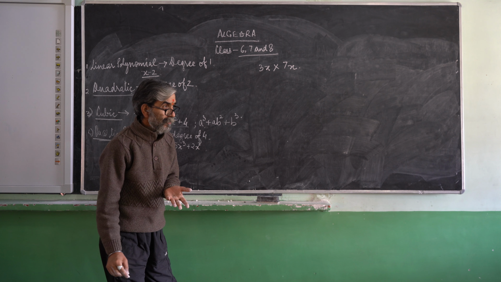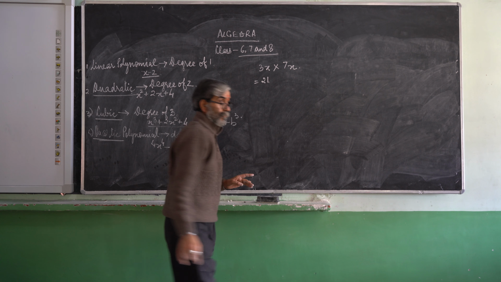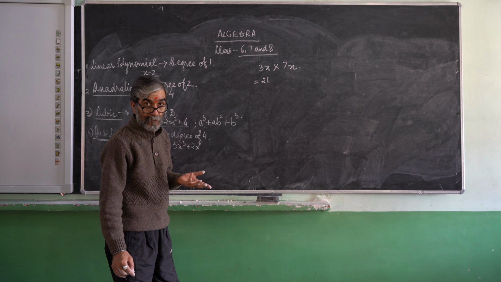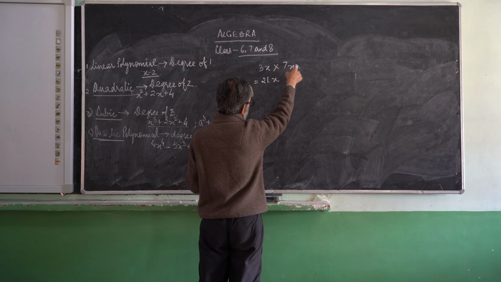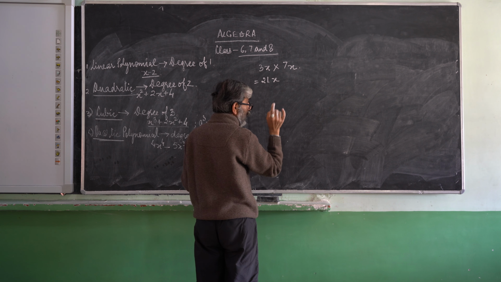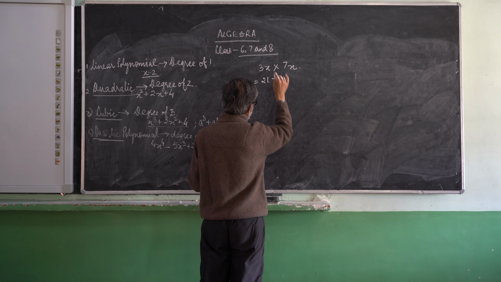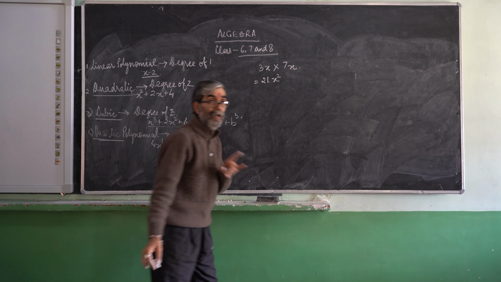Do you know the tables? 3 sevens are 21. And when we are multiplying like terms, this will be x, the powers are added, and in this case, when there is no power, it is taken to be 1. So it will be 1 plus 1, 2. In multiplication, the powers are added.